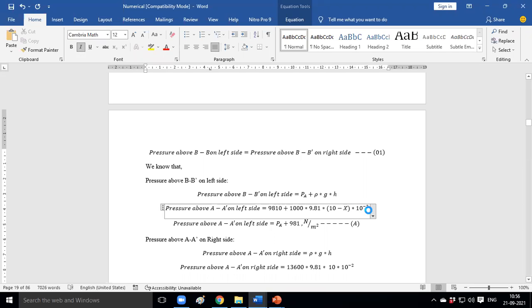Why is this 10 to the power minus 2 mentioned here? Conversion of centimeter to meter. Now do this calculation and tell me what will be the pressure above the datum line on the left side in terms of x. I will write the equation for the right side while you find the calculation and tell me the value in terms of x.